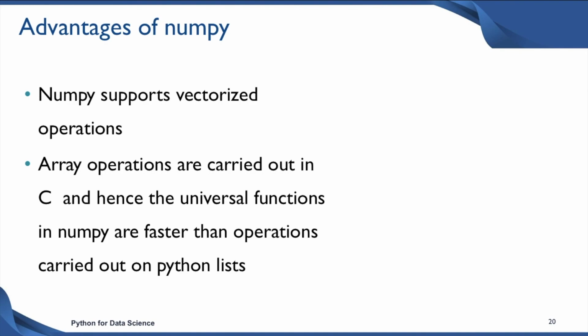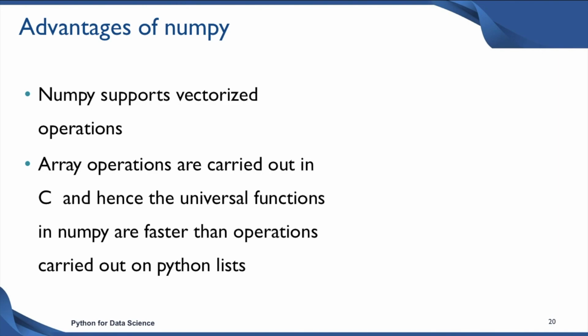So when the interpreter interprets this code, we have to deal with only two data types, floating point and integers. But with a Python list, performing a similar operation, it first needs to identify what kind of data type is there, because a Python list is of mixed data type.